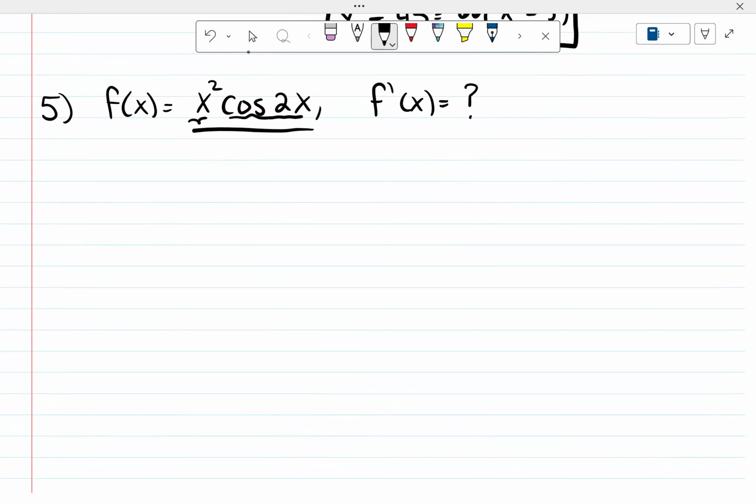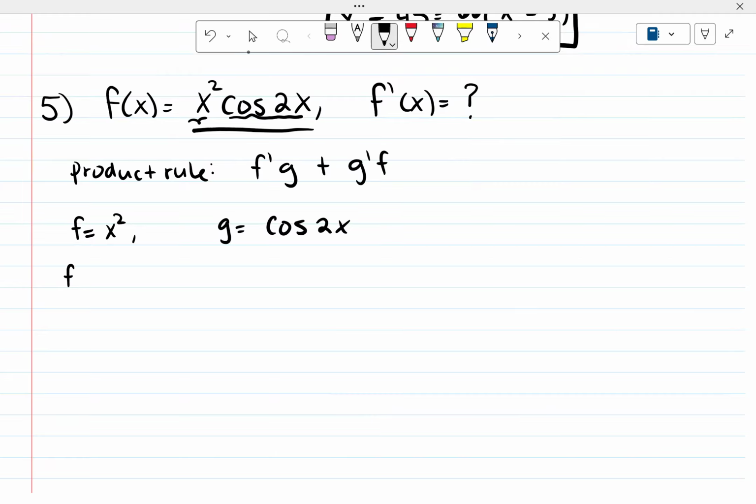You'll have to use the product rule. So here's the product rule. Okay, so what's your f and your g? Your f is x squared. Your g is cosine of 2x, right?